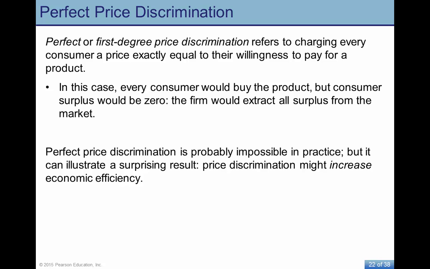The firm would extract all surplus from the market. Perfect price discrimination is probably impossible in practice, but it can illustrate a surprising result: price discrimination might increase economic efficiency.